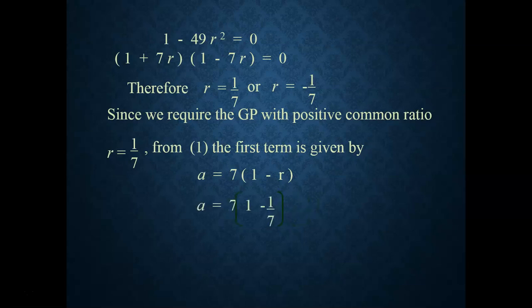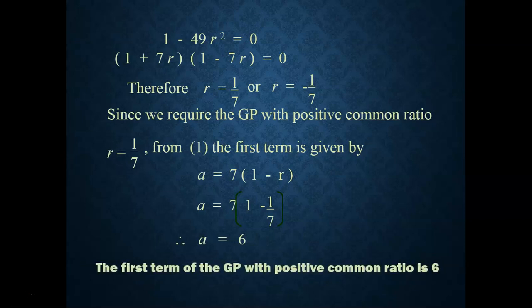We can definitely look for your first term, and the first term is equal to 6. So the first term of the geometric progression with positive common ratio is 6. So you've answered the question. You've shown that 1 minus 49 r squared equals 0, and that with a common ratio that is positive, the first term is equal to 6.